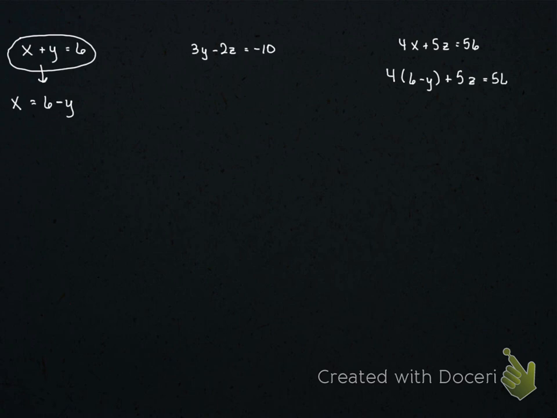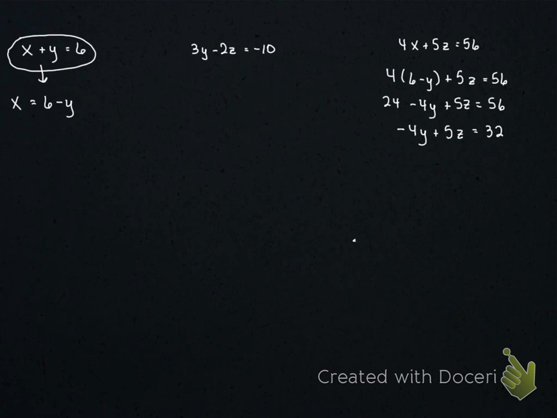So the x is gone, and we end up with an equation in only y and z. And notice y and z is going to match perfectly with the equation in the middle, which is only in terms of y and z. So there is a reason that you start something like this with substitution. Okay, so we end up with negative 4y plus 5z is equal to 32.